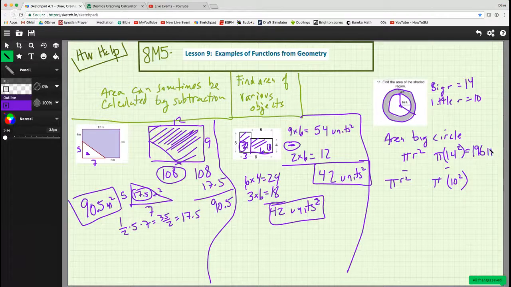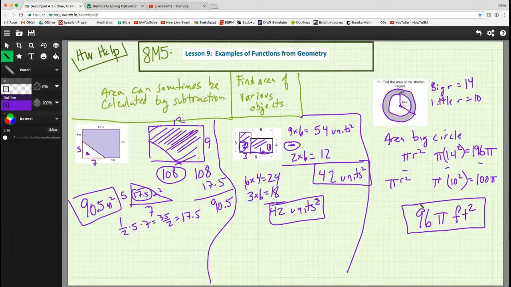It's 196 pi. So 196 times pi, and we're going to subtract off 100 pi. And so we get 96 pi, and these are square feet. And there you have it.